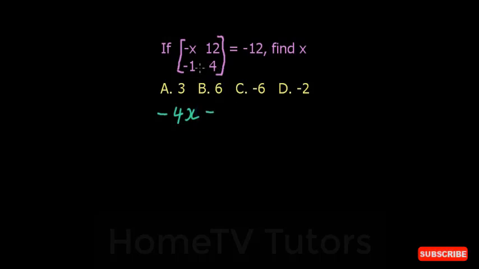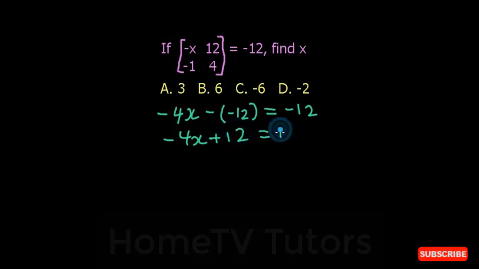So minus 1 times 12 will give us minus 12, which is equal to minus 12. So now we have minus times minus, which is plus.